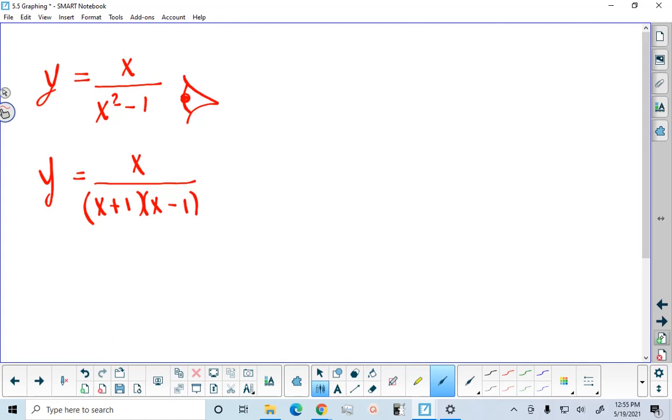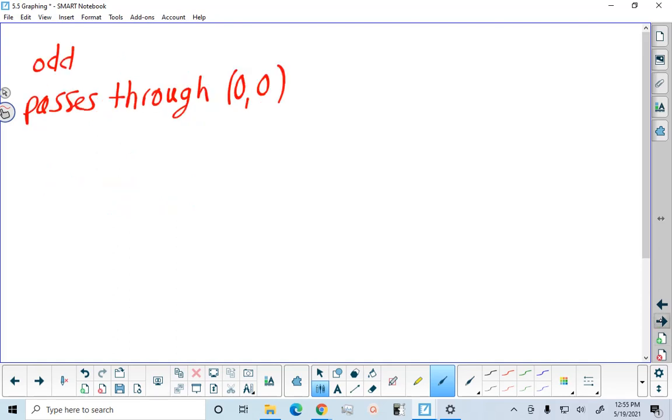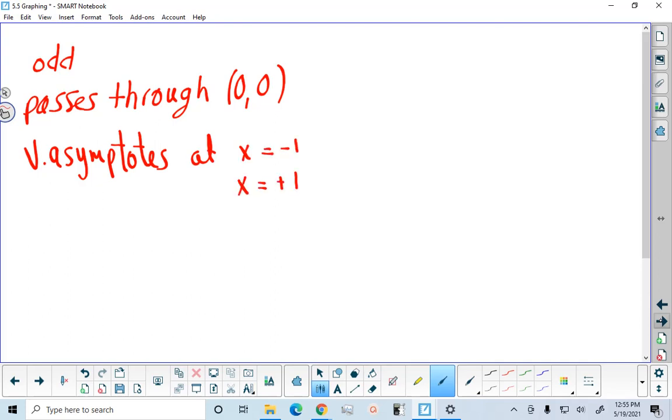We're going to have a vertical asymptote at -1 and at +1. I'm going to add that to my list. I'm not quite done with my discussion on asymptotes.